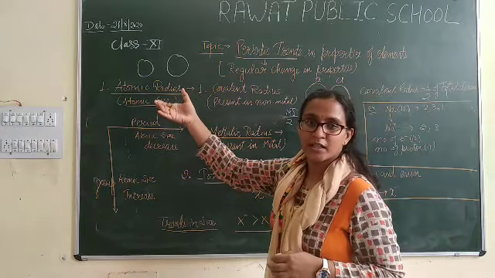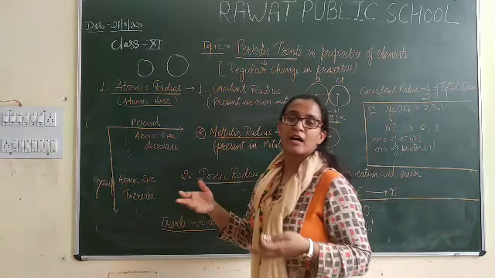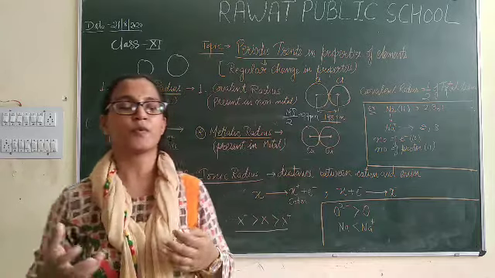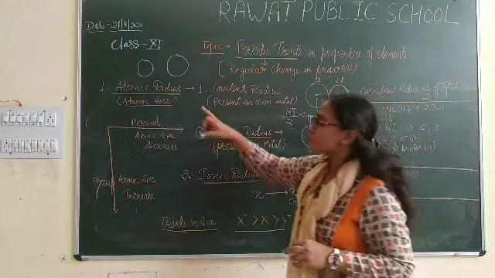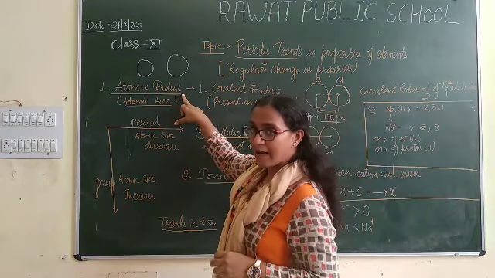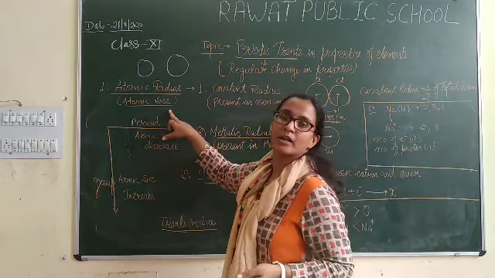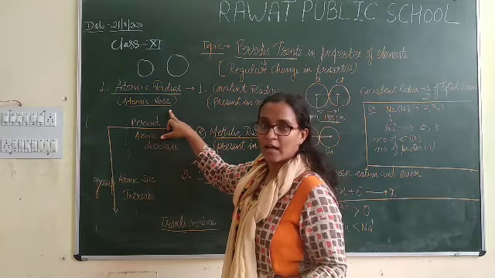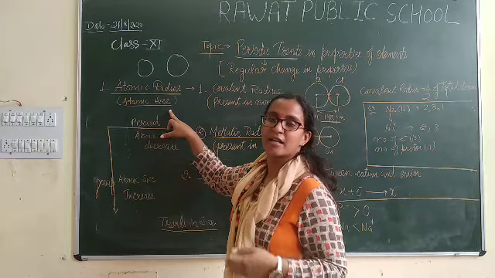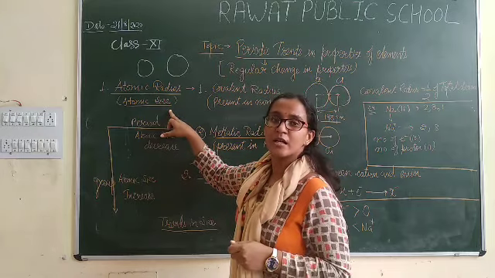The particular sphere which has a bigger radius has a bigger size. The same concept we apply to the atomic radius or atomic size also. So if we know the atomic radius, we can easily tell the atomic size, and which one is a smaller atom and which one is a bigger atom.